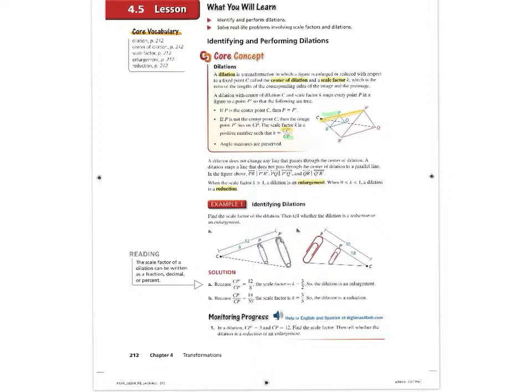So the dilation is indeed an enlargement because 3/2 is greater than 1. Our second example, part B, says C to P is 30 and C to P prime is 18. When we identify the ratio of 18 divided by 30, our scale factor reduced is 3/5, which is less than 1, but greater than 0, therefore a reduction.